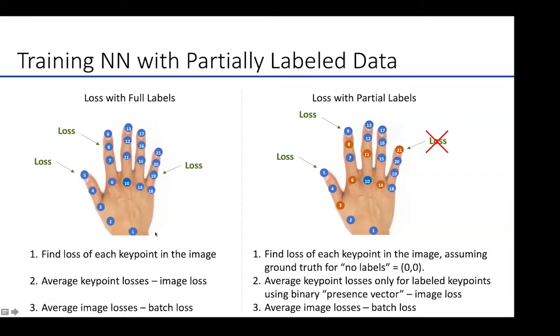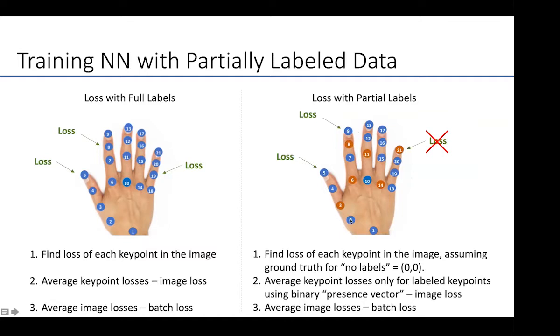It will be the batch loss, and you propagate gradients using this batch loss. But in my case, some datasets do not have all the key points. I have, for instance, only fingertips. For these non-existing key points, there are just zeros. I calculate the loss for all the key points.